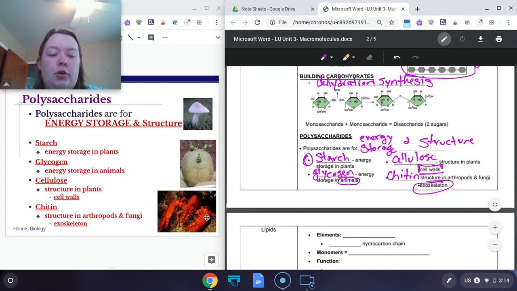So a lobster, a crab, crayfish, the ones that have that hard outer shell, that shell is made up of chitin. And it's also found in organisms like fungi. So it's another example of a polysaccharide.